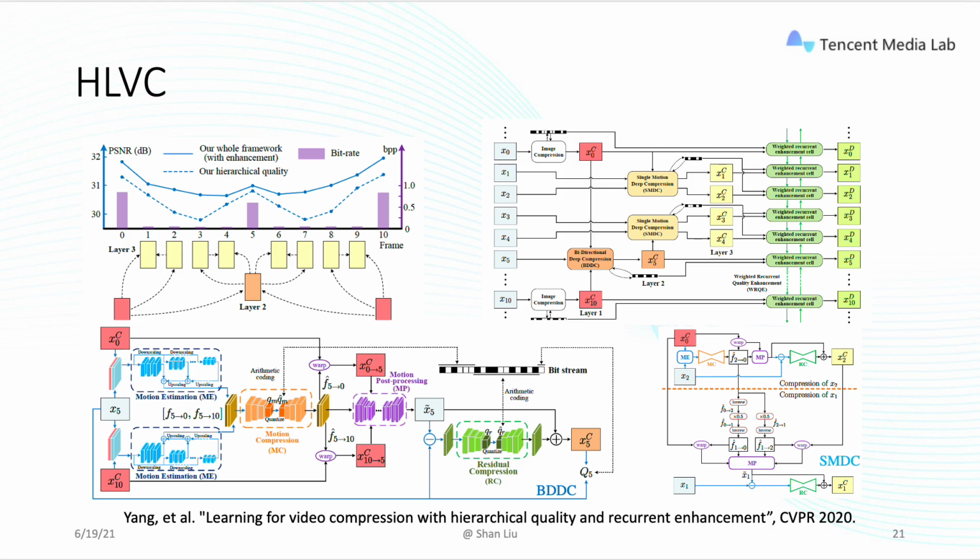As illustrated in the top left figure, the frames in layer 1, 2, and 3 are compressed with the highest, medium, and lowest quality respectively. And the first layer, marked by red frames in the figure, is encoded by a still image compression method, similar to the I-frames in traditional codecs.